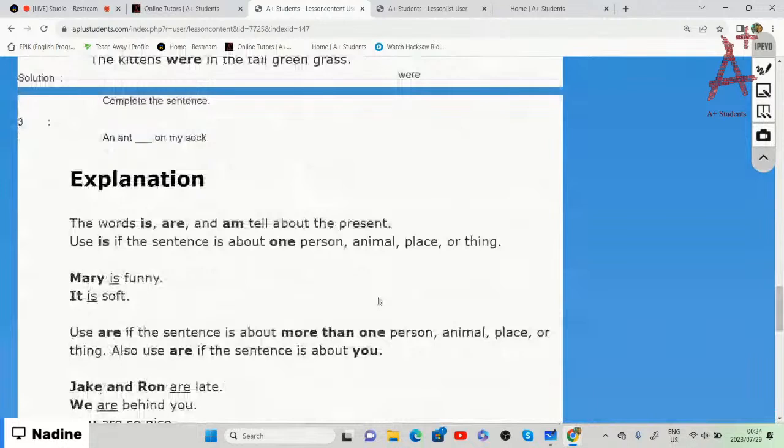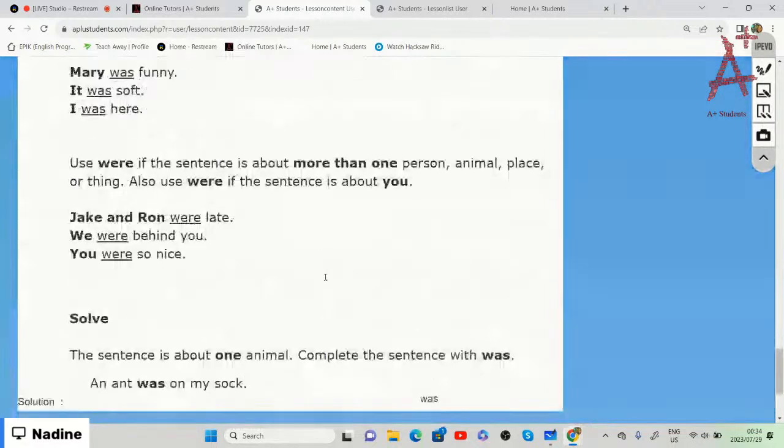An ant is. So we're gonna use the word is: an ant is on my sock. Because remember, an ant is very small, right? So you won't even sometimes notice that an ant is on your sock.